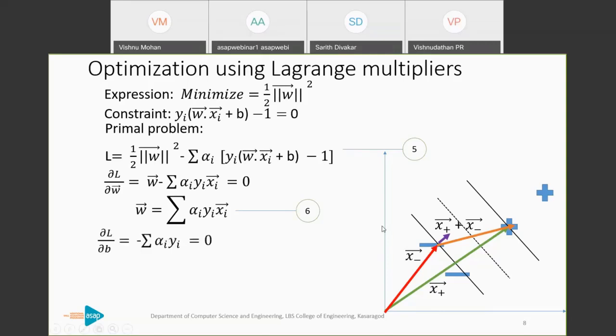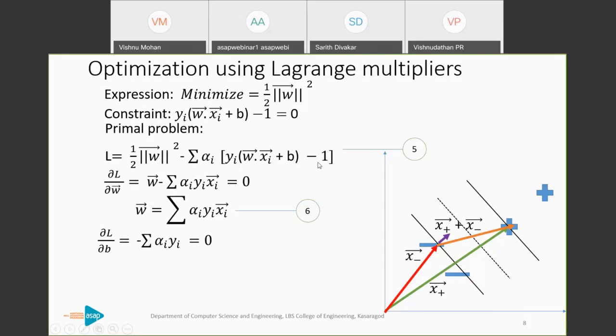I'm going to take the partial derivative of L with respect to b. When I take the partial derivative, this term will become 0. Okay. Minus alpha i yi w xi, this term will also be 0. Minus alpha i yi b, you'll be taking the derivative, so you'll be getting minus alpha i yi.